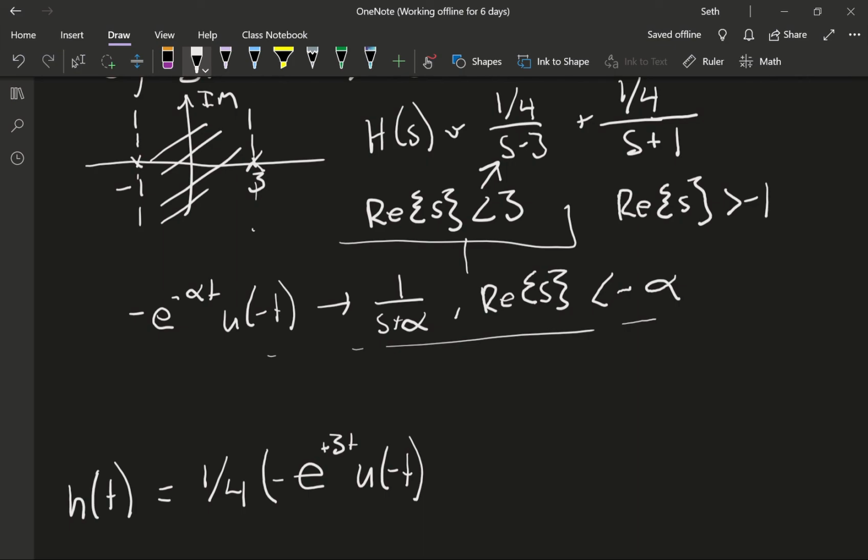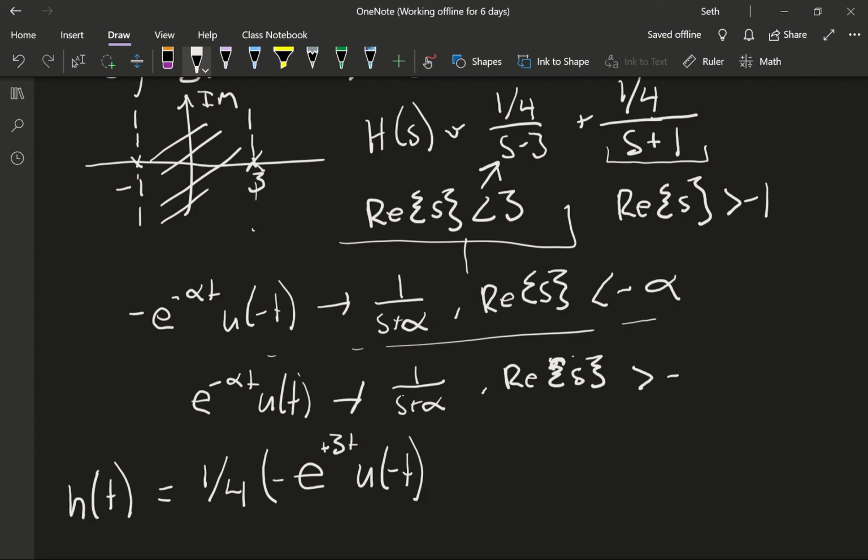Now the second term is just the previous transform that we used, which is, let's go look at our table. e to the minus alpha t u(t) goes to 1/(s plus alpha), condition with real part of s greater than minus alpha, so alpha is 1.